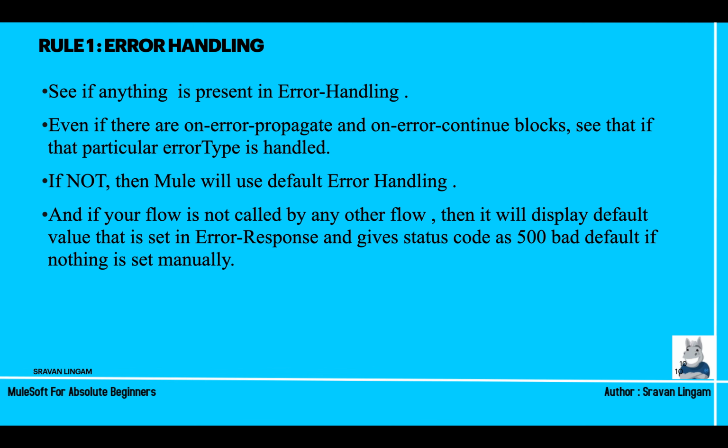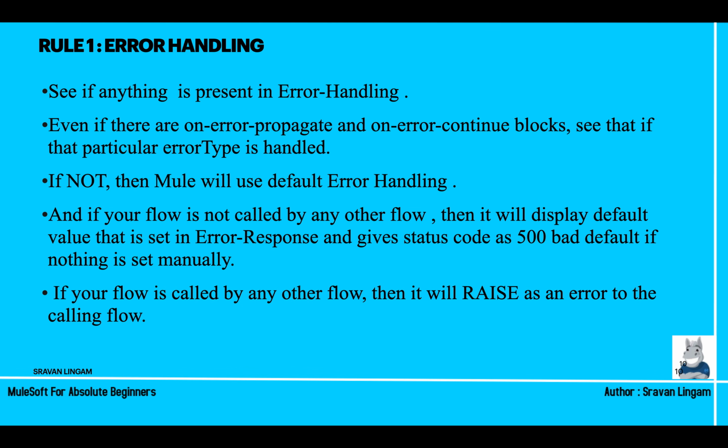The HTTP listener goes with a flow reference, and the flow reference takes you to multiple subflows. If your flow is not called by any other flow, then it will display the default value that is set in the error response and give status code 500, by default if nothing is set manually.